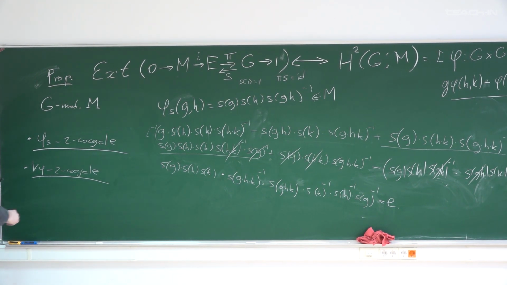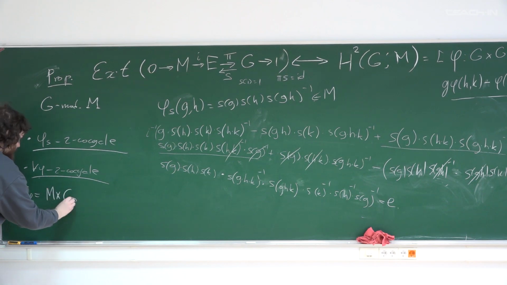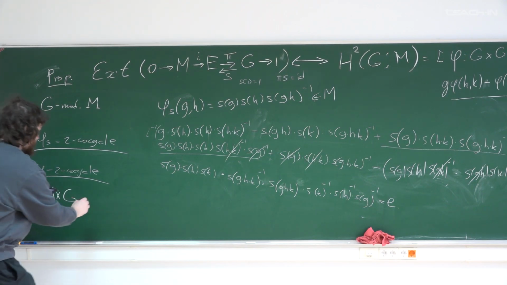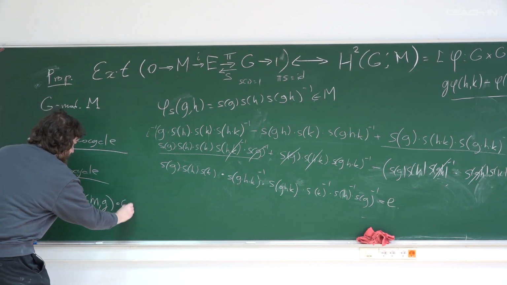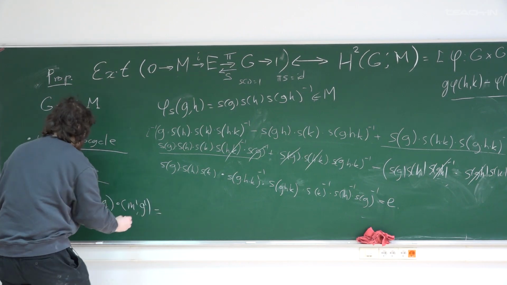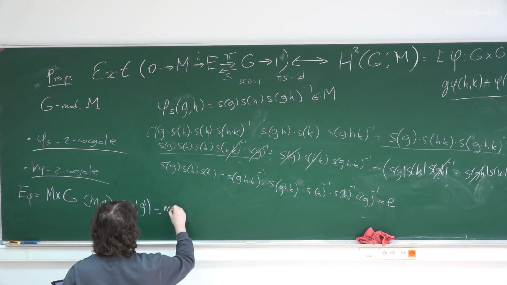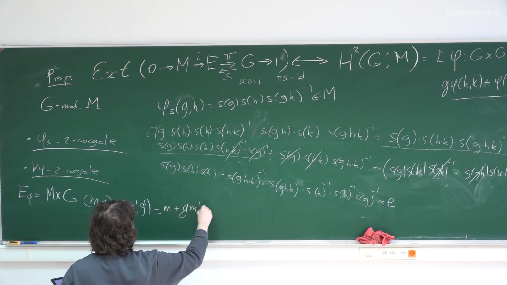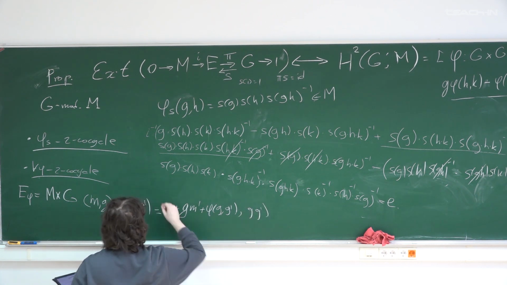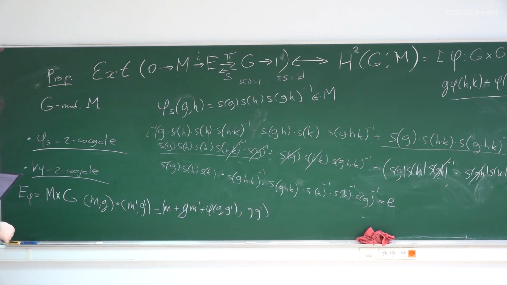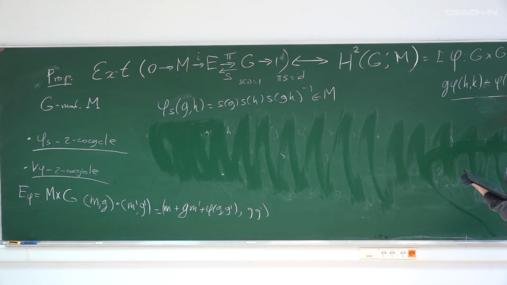This construction E phi is just M times G as a set with the following operation. Do you agree that this is a group with this operation?